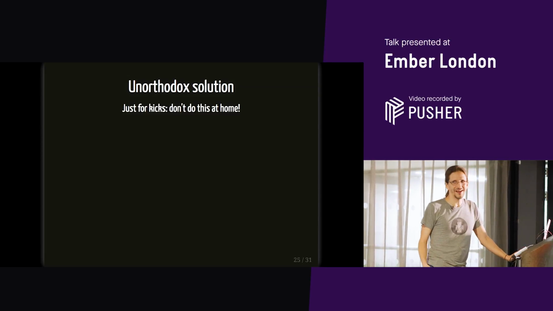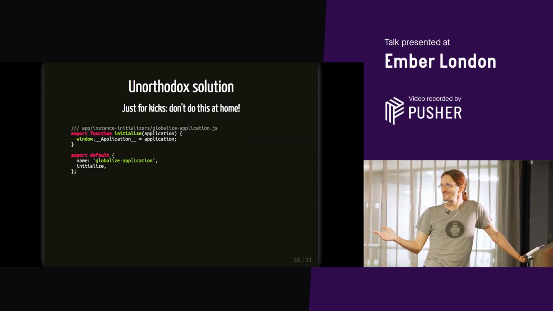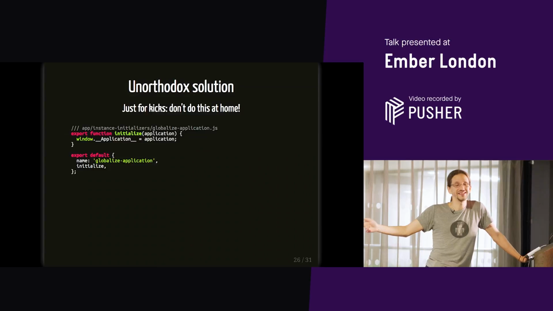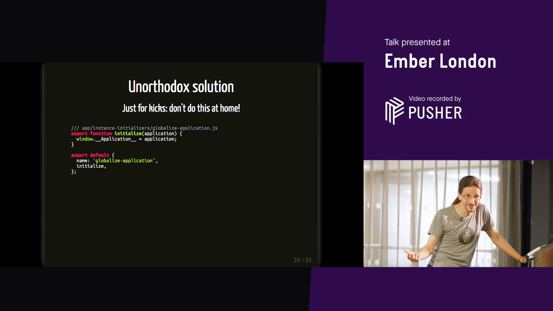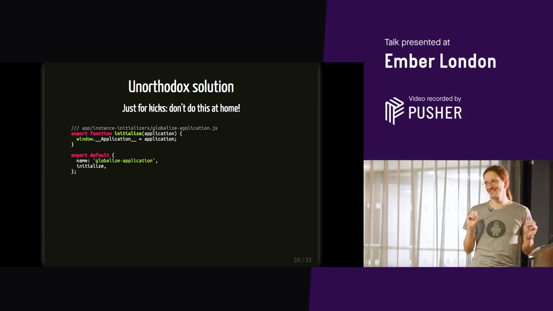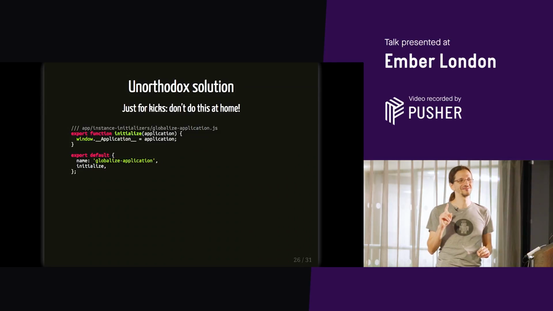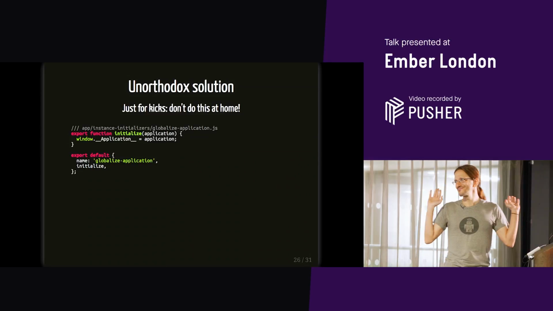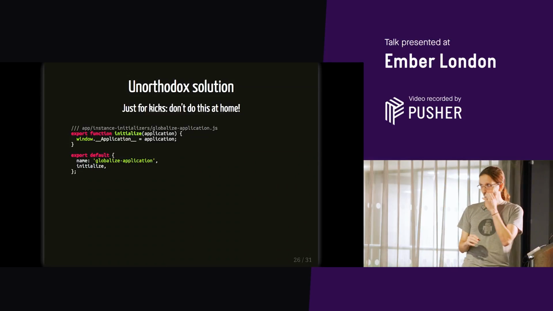And it is, how about we create an initializer? Instance initializers receive the application, which has access to the container. So we stash it in a window global, with scary underscores, just so everybody knows, A, we shouldn't be touching this, and B, if we touch that, we're not responsible for anything.